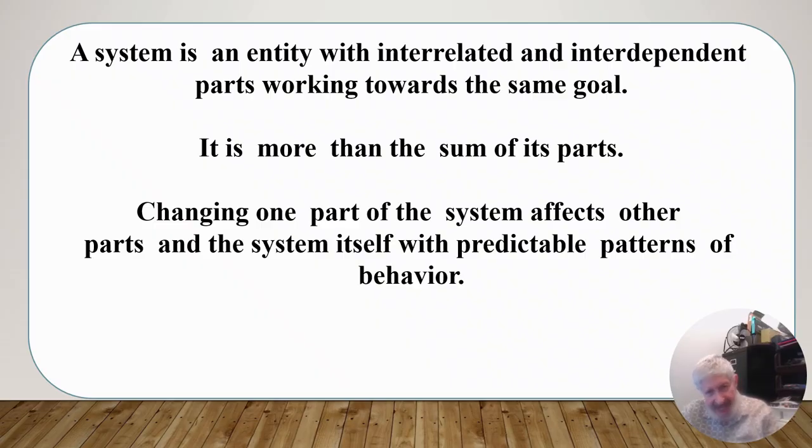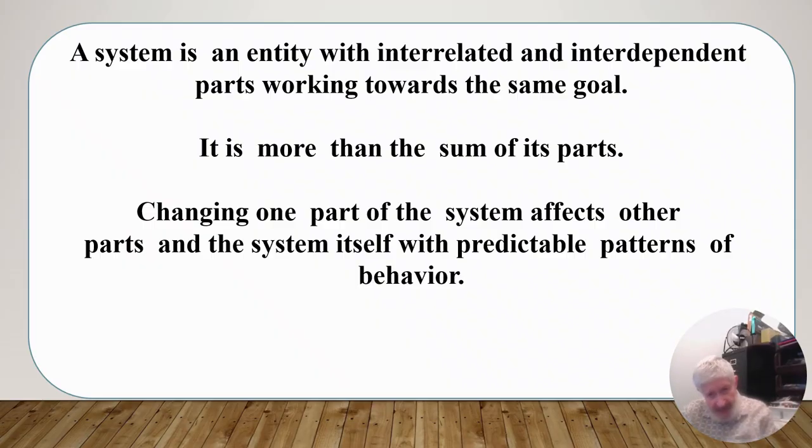So let's break this down by first describing what we mean by system. Generally, a system is thought of as a group of interconnected, interdependent elements that are organized for the same function or purpose.